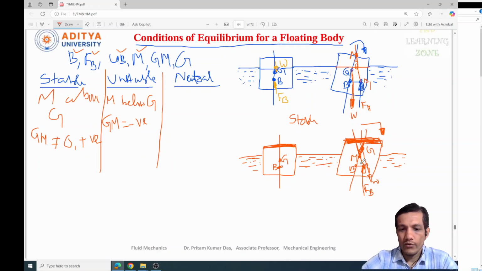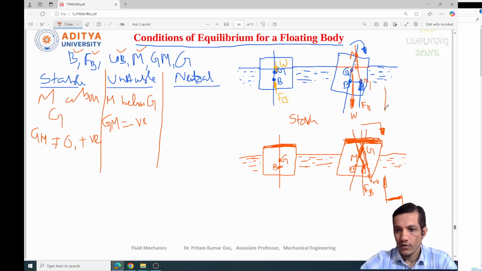Now see the couple created in the clockwise direction due to the buoyancy force and the weight W. The buoyancy force is acting upward, and the weight of this object is acting downward. So a couple is formed here, and this is overturning.